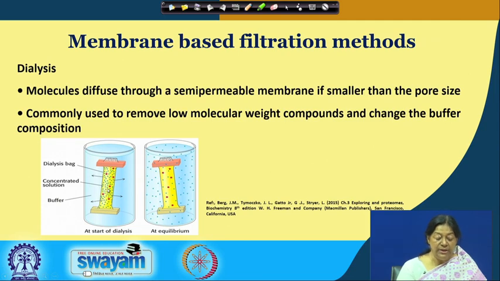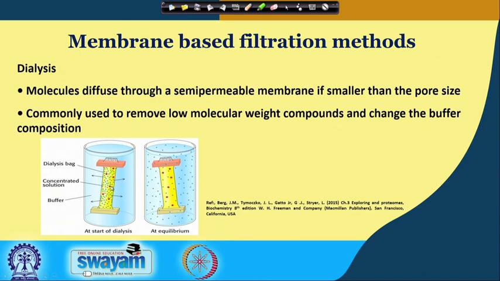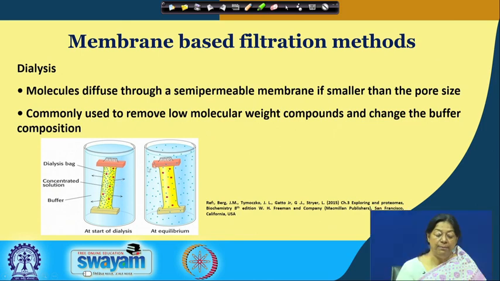So, at the start of dialysis, you have a concentrated solution and you dip your dialysis bag in a buffer solution. You can remove the low molecular weight compounds, and if you keep on changing the buffer outside the dialysis tubing, you can get your protein of interest in the buffer solution.